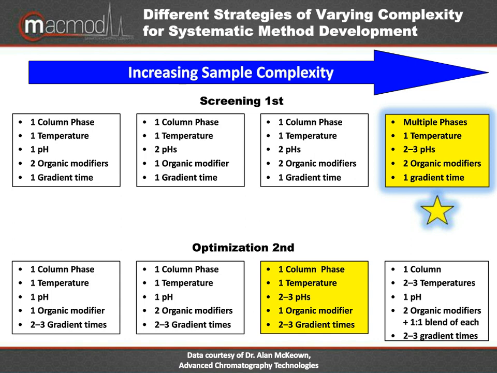You can really take your sample and profile it under a variety of conditions and then choose which condition you find to be the best in terms of peak shape, retention, and best chance to optimize the separation further, etc.